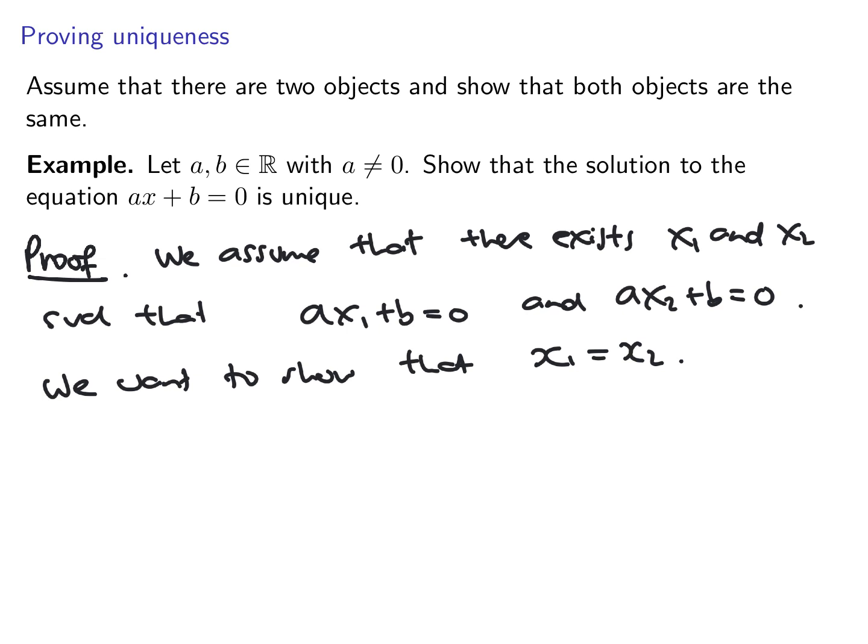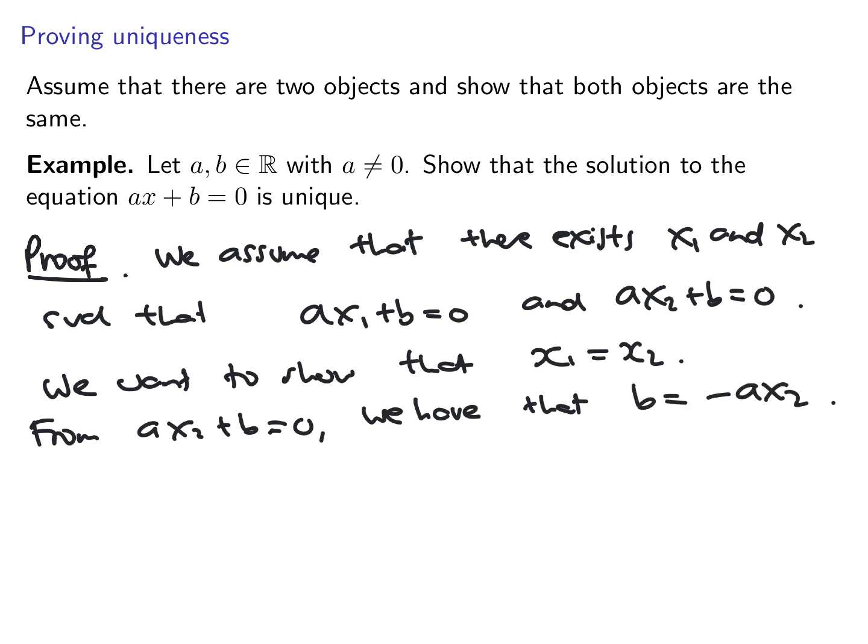Okay, let's see. From ax2 plus b equals 0, we have that b is equal to minus ax2, right? And then we substitute this into ax1 plus b equals 0.